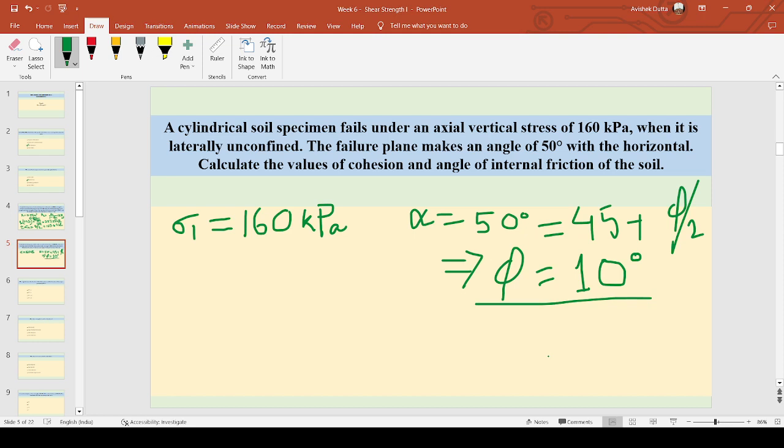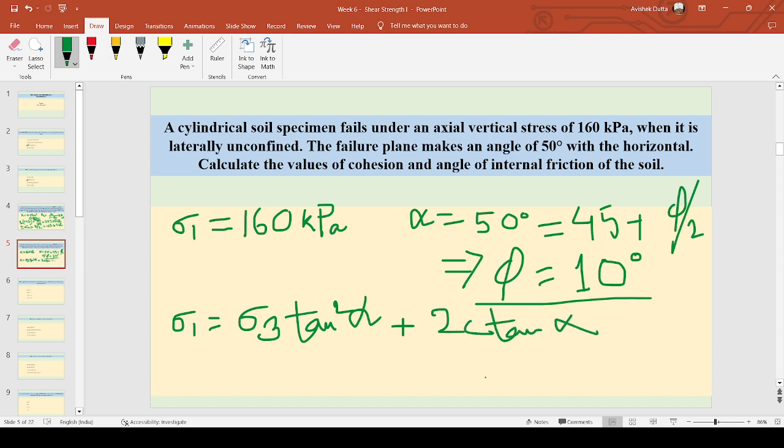If phi equals 10 degrees, then we have the equation sigma 1 equals sigma 3 tan square alpha plus 2c tan alpha. This is laterally unconfined.